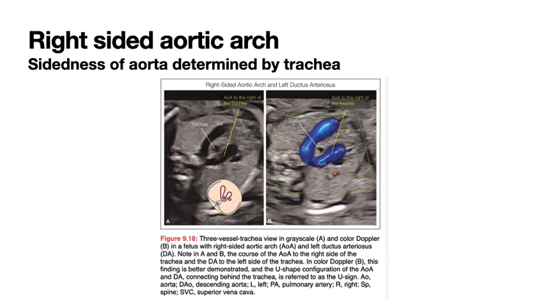And when they talk about right-sidedness, they're not necessarily talking in reference to what part of the baby it's on, because both the left and right are really on the right side of the baby. What they're talking about is the right side of the trachea. So the trachea is the landmark by which you determine whether it's a right or left-sided aorta.